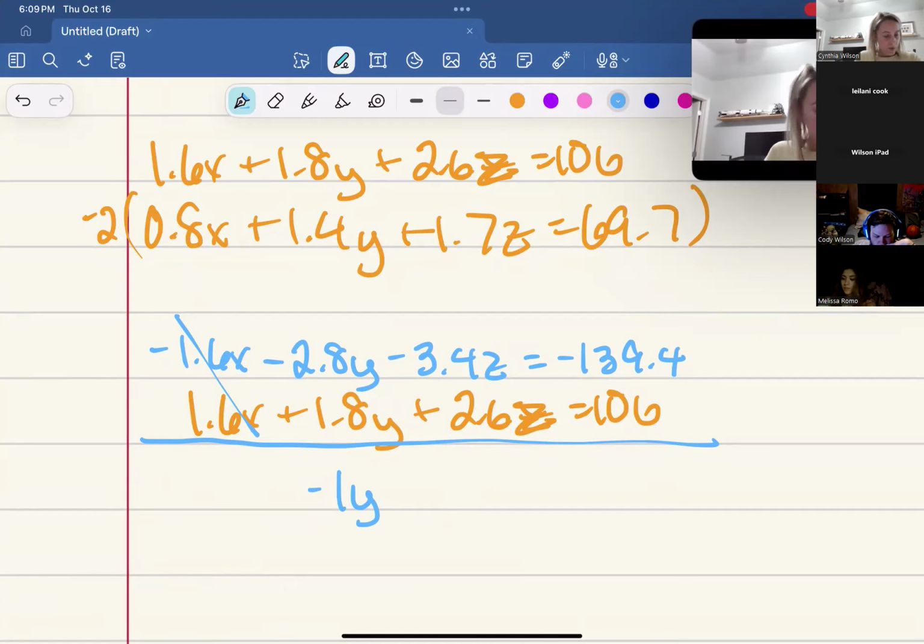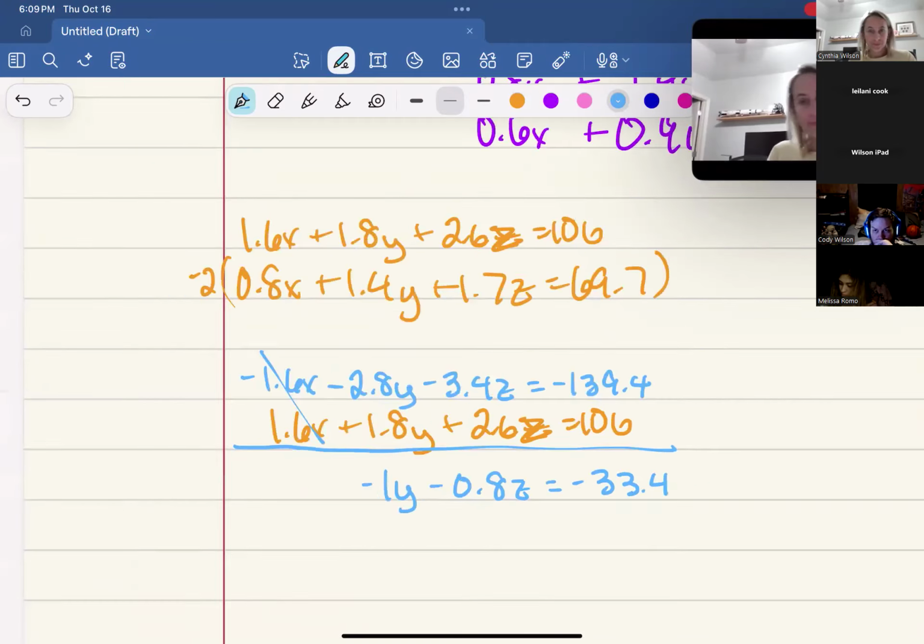And then adding the z's together, we're going to get negative 0.8. And then adding the constants, negative 33.4.